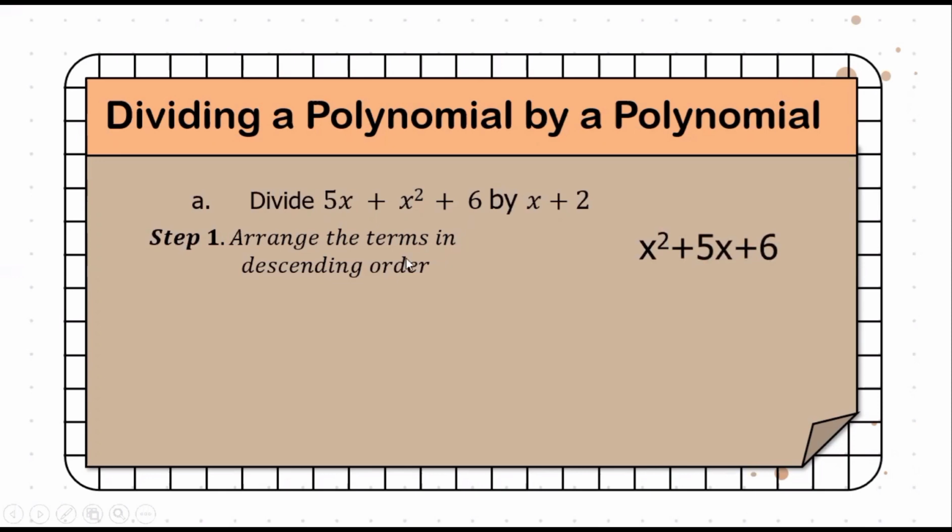Okay, we can say that the polynomial given is already in standard form when the terms are already arranged in descending order, or the degrees of the terms are arranged in descending order. So we have x squared plus 5x plus 6 as the standard form of the given dividend.